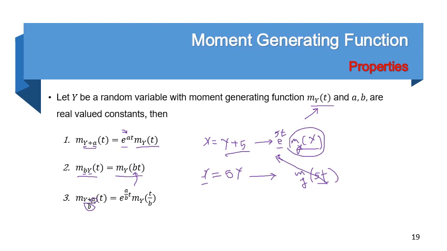So what you will get is e to the power t times the number a, divided by the number b, and inside your original MGF, you put each t as t over b. This will do it for x if your x is equal to (y plus a) over b.